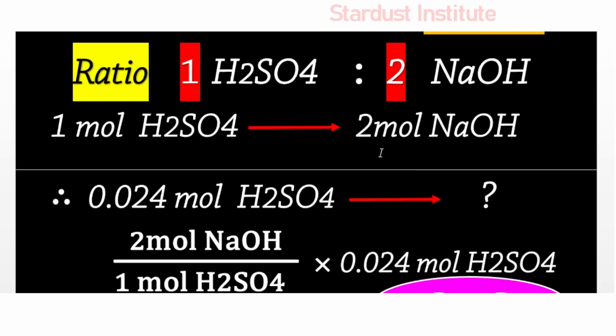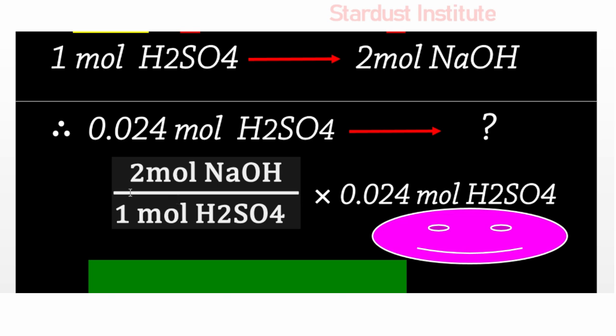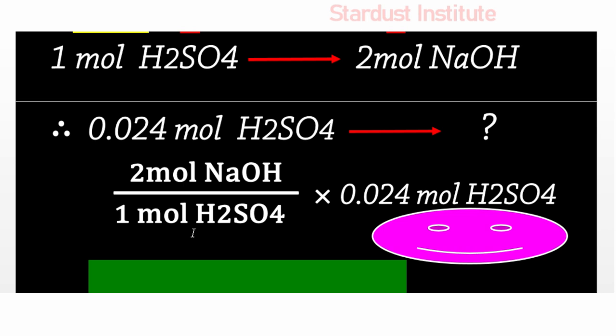We can find it in this way. 2 mole NaOH divided by 1 mole H2SO4 multiplied by 0.024 moles H2SO4.